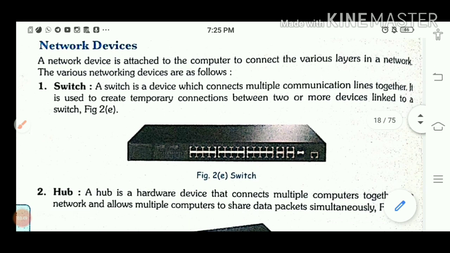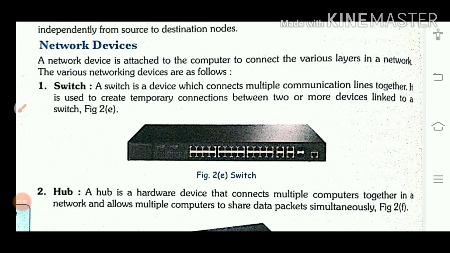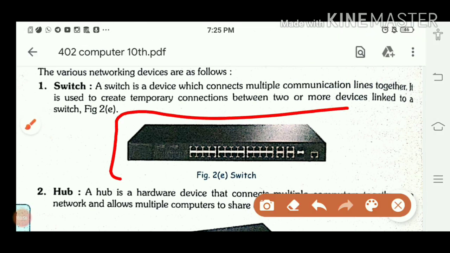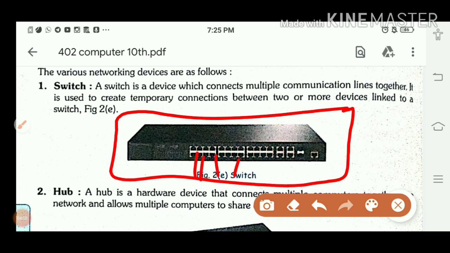First one is the switch. What is a switch? This black box is your switch, and these are the ports. In these ports we place the wires of the computers, and with this we connect all the computers.